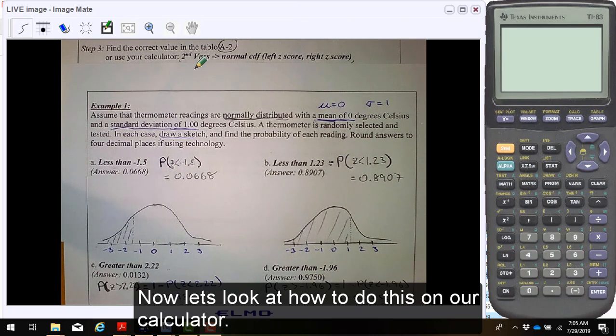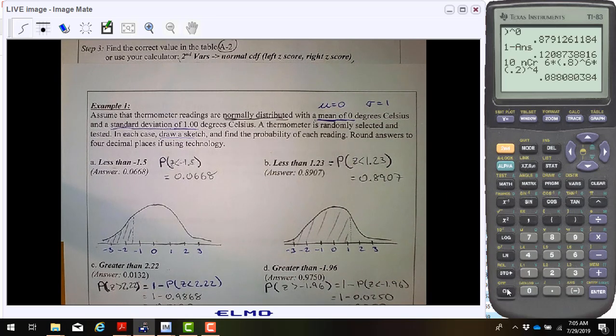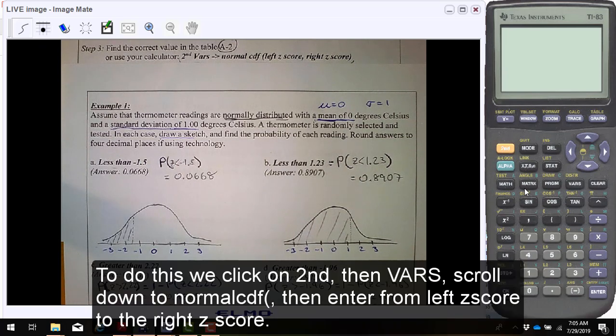Now let's look at how to do this on our calculator. To do this, we click on second, then vars, scroll down to normal CDF, then enter from left z-score to the right z-score.